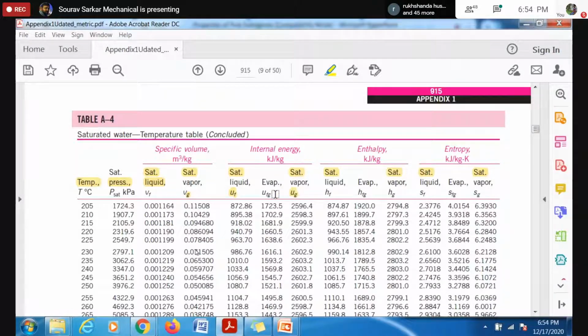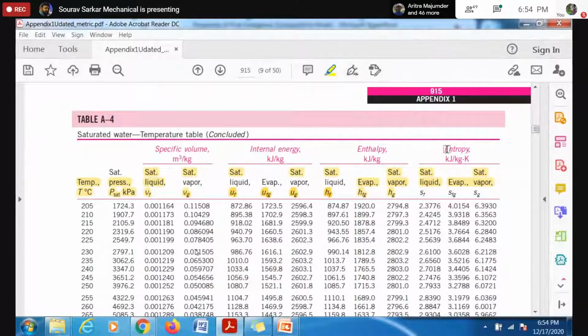And in between, there is written ufg. ufg is nothing but the difference ug minus uf. I will explain it later. Similarly, there is saturated liquid having some specific enthalpy, hf. The saturated vapor is also having a specific enthalpy, hg. The difference of these two enthalpies is written as hfg.